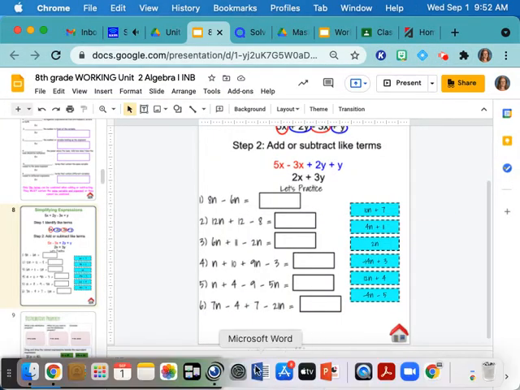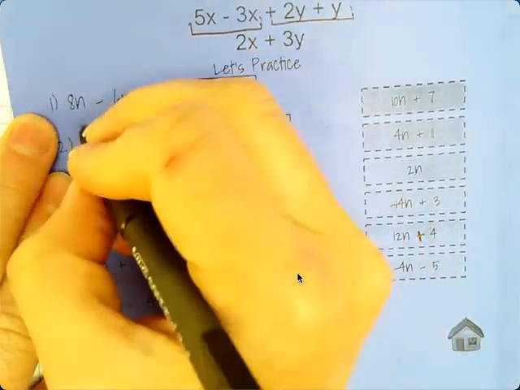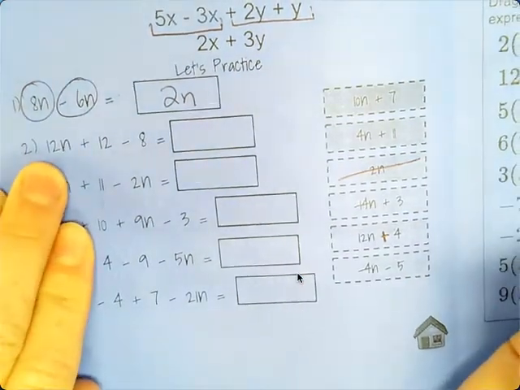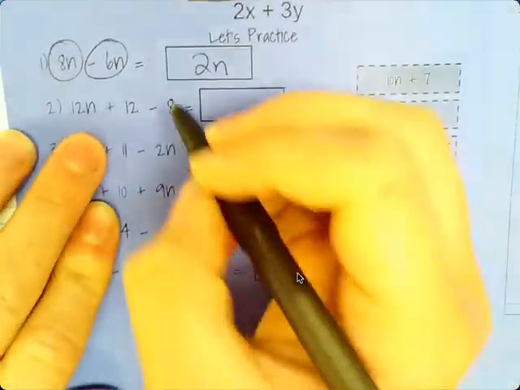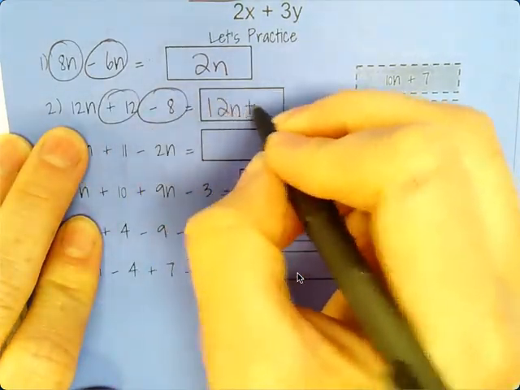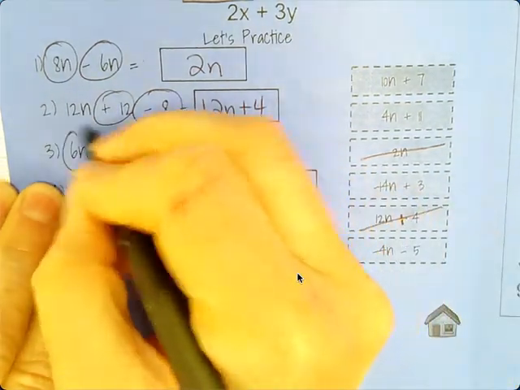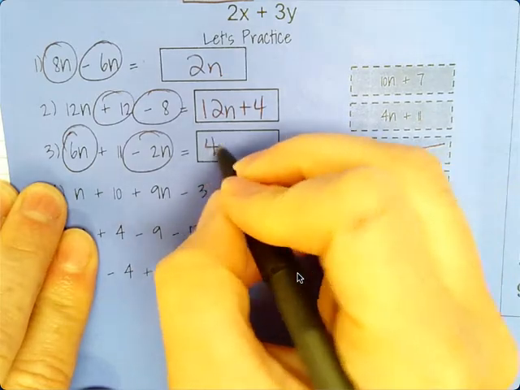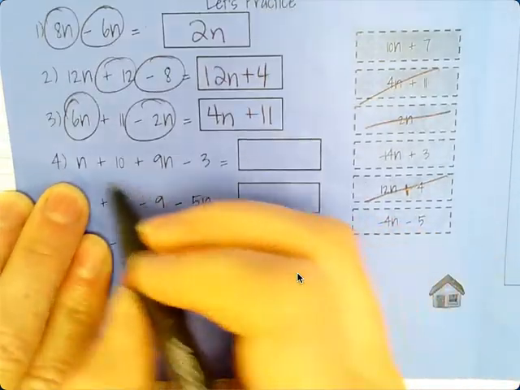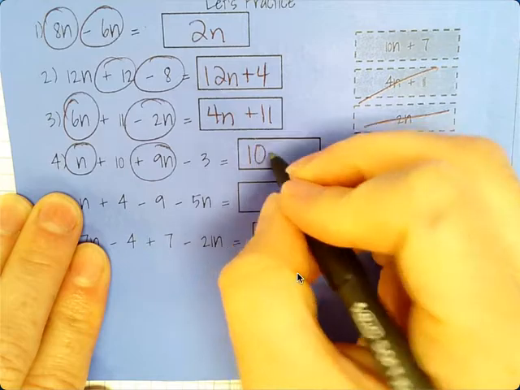So let's see how you did. 8n minus 6n, 2n, so I can mark that out. 12n plus 12 minus 8. So the only thing I can combine are these. 12n plus 4. So that's that one. 6n and minus 2n would be 4n. And then plus 11. n and positive 9n, 10n.